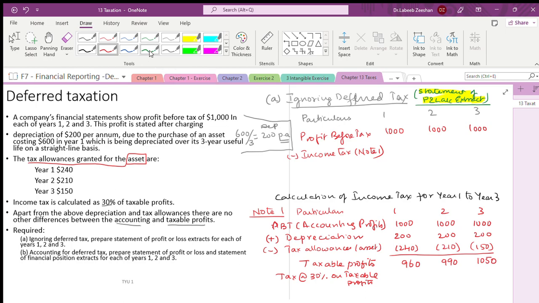Now, 960 into 30%, how much? 288. 990 times 0.3 comes to 297. 1050 times 0.3 comes to 315.